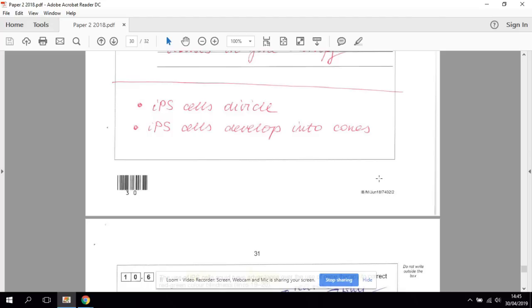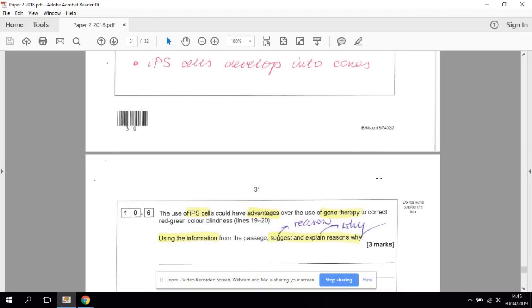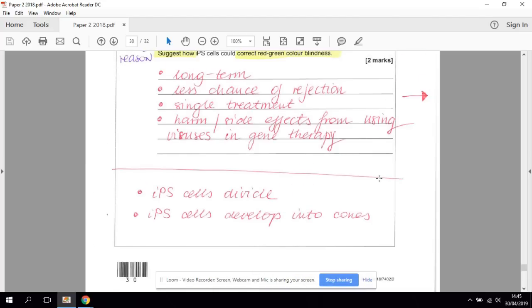And the last question we've got here is that the use of induced pluripotent cells could have advantages over gene therapy. Use the information as suggested, so give the reason why. So what will be the answer here?